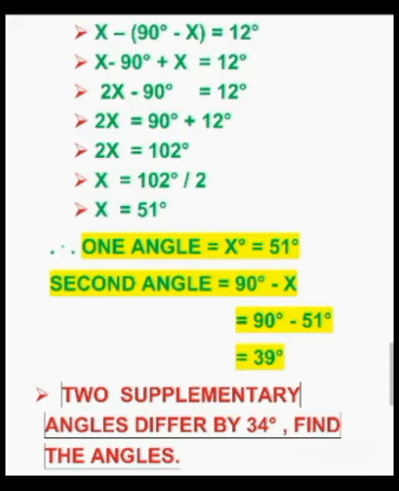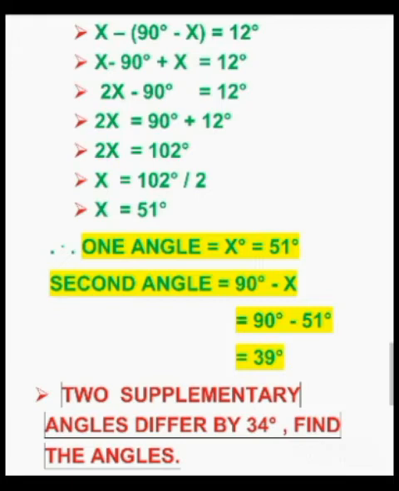Now minus of (90 minus x) means minus 90 plus x. So x minus 90 plus x is equal to 12 degrees. Now add both the x variables. x plus x is 2x, minus 90 is equal to 12 degrees.